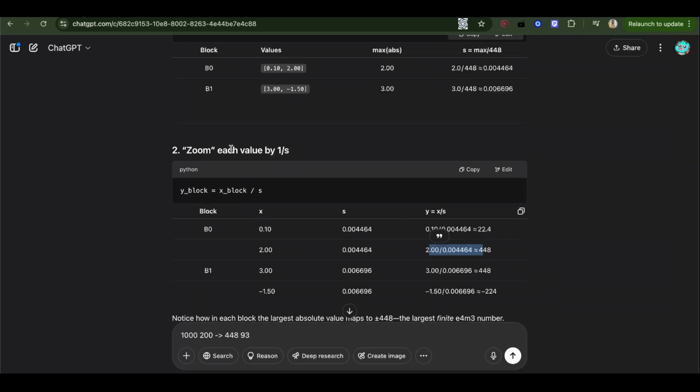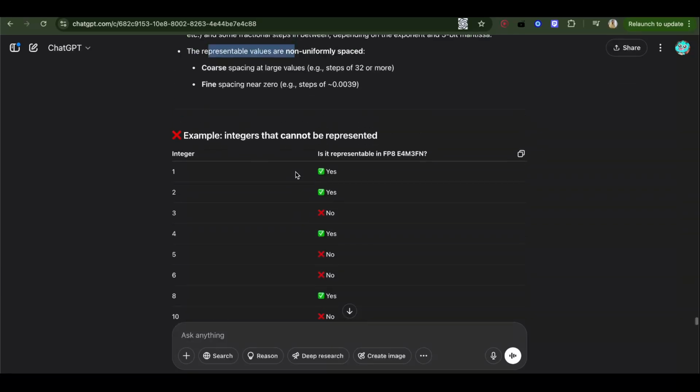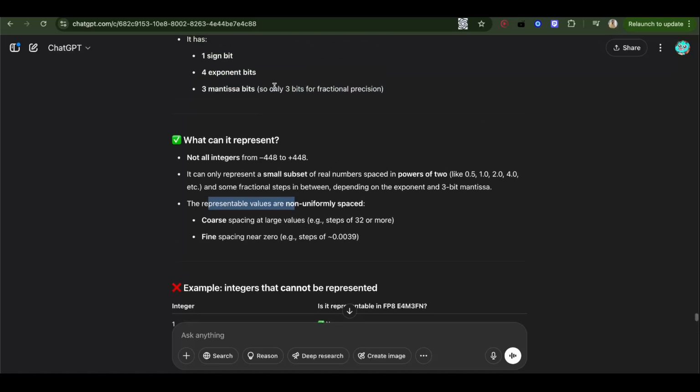Now the reason you're doing this is, as I explained, you want to use the entire range of FP8 to represent numbers, so they are as well distinguished between each other as possible. Now, an interesting thing about representing in FP8: you cannot represent every single number, not even every single integer between these two values.